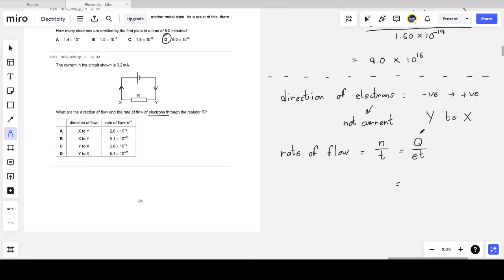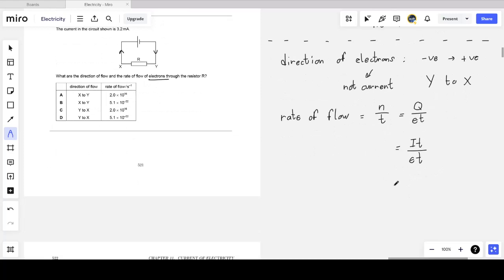But also remember that the charge is the current times the time, so I t divided by e t. Wait a minute, that simply becomes I over e, current over the charge on a single electron.